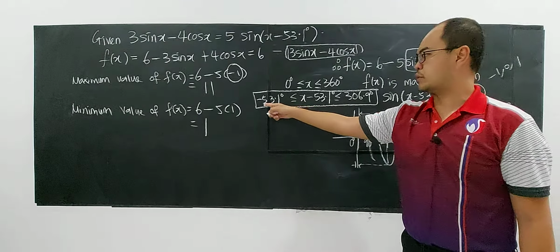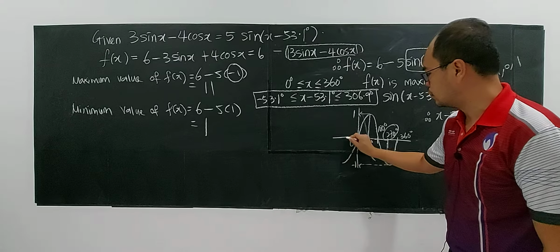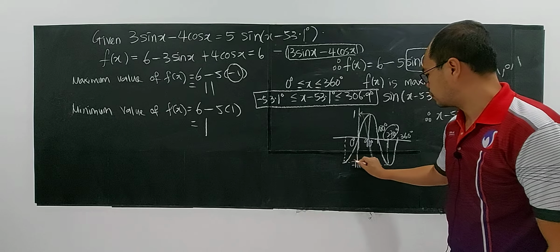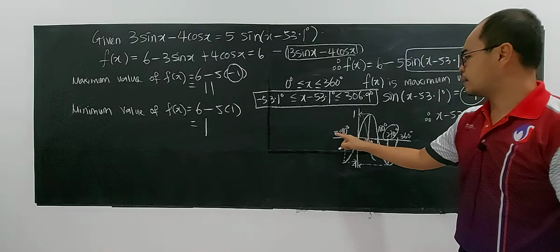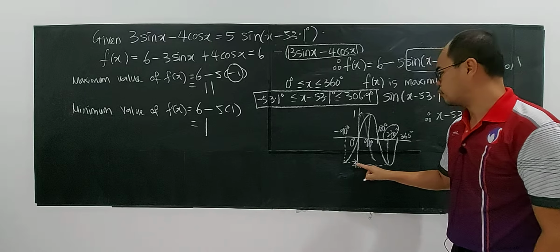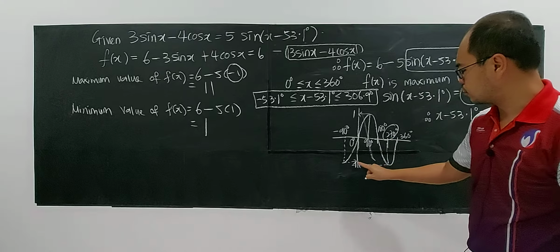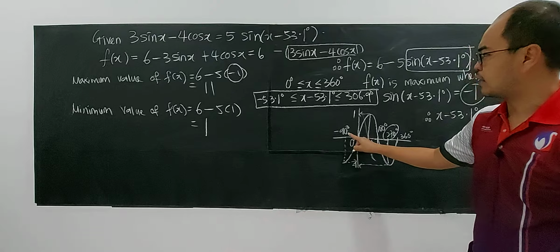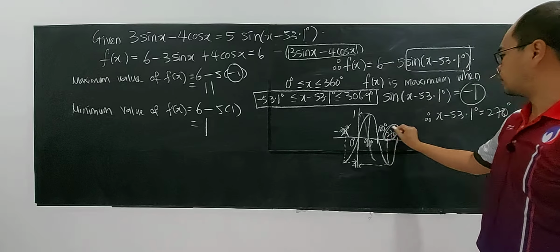Up to this range, there is no other value here, because if you go backward also, sine -90 is also -1, and sine 270 is also -1. But the problem is -90 is not in the range, it's outside the range. So there's only one value here.